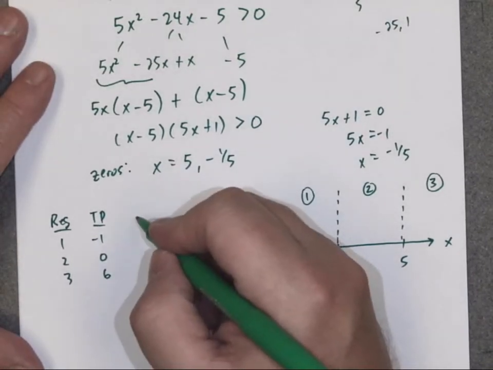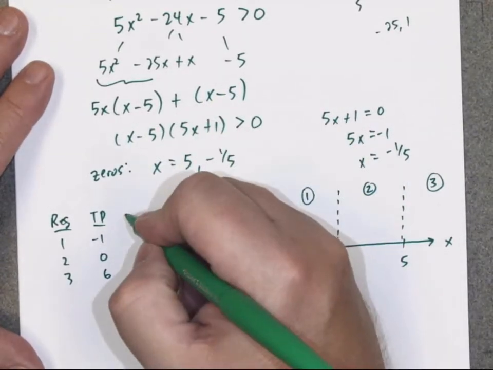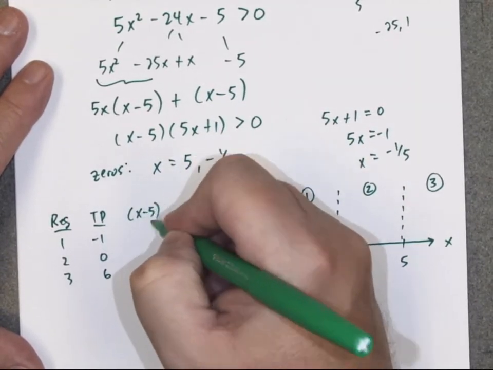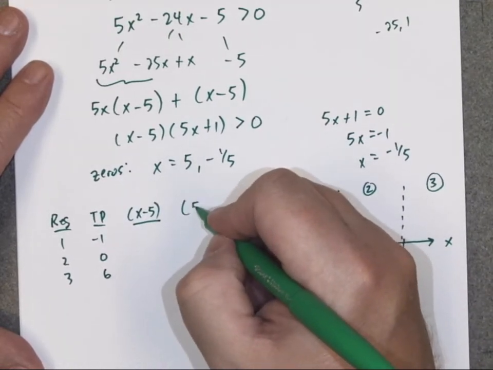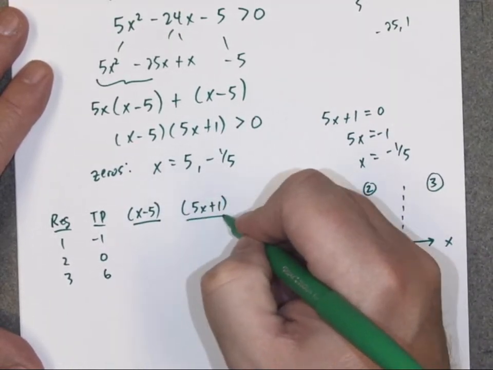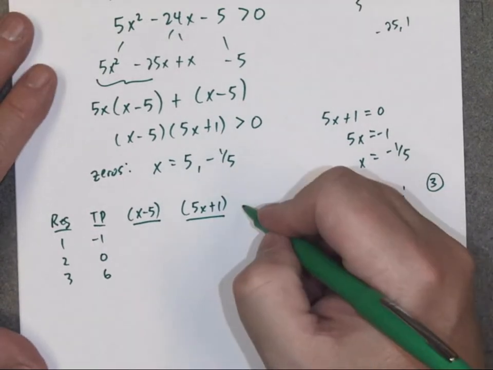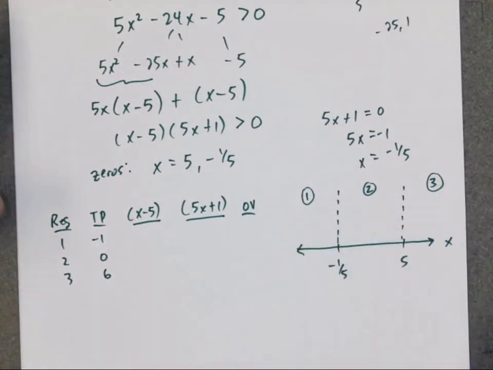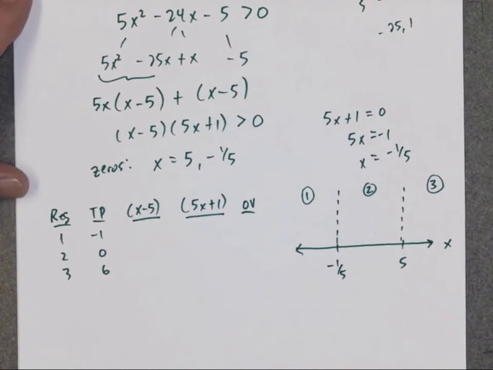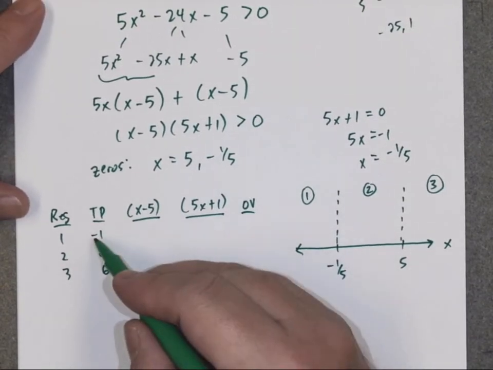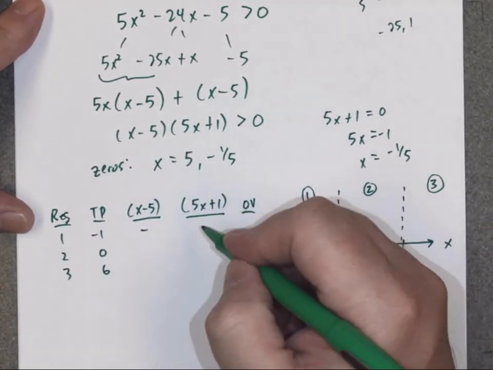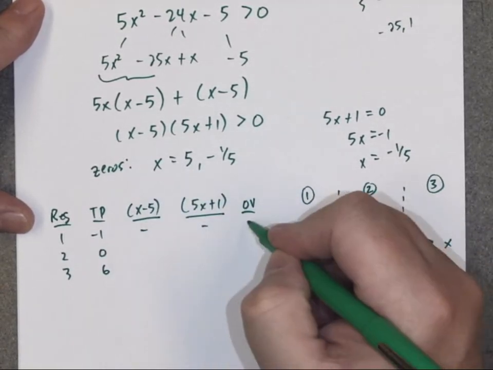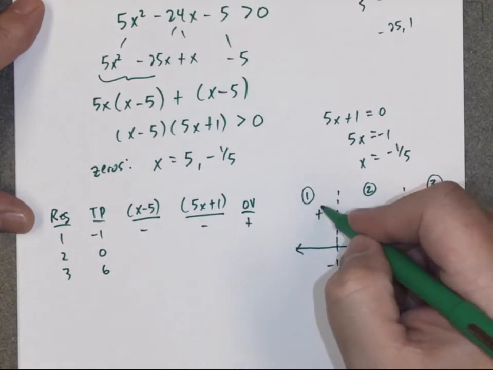Now I need to list all my factors. I have x minus 5, and then 5x plus 1, and then my overall. So now I work out my sign chart. For region 1, when x is -1, negative, and 5x plus 1 is negative, 2 negatives multiply to positive.